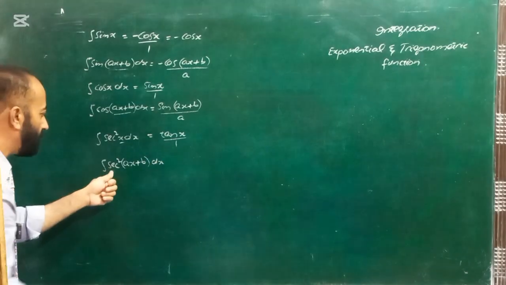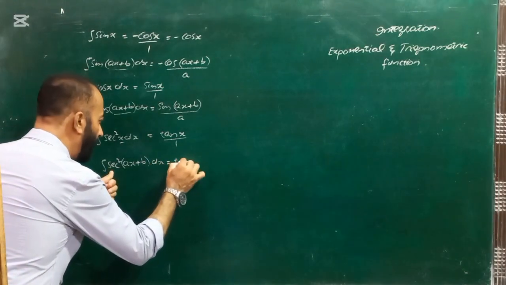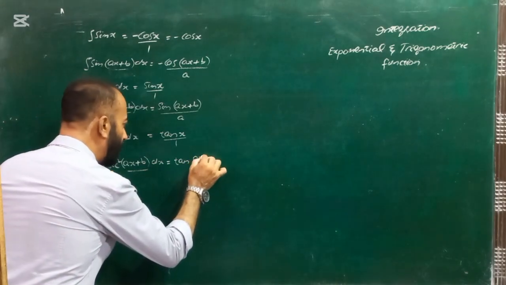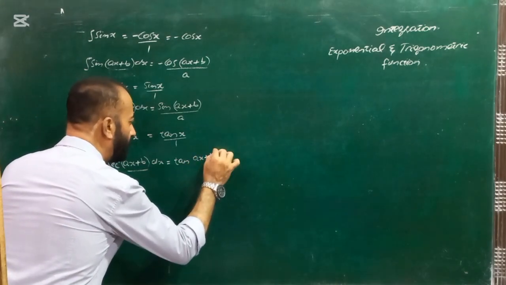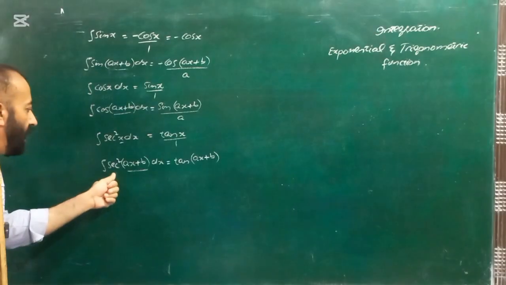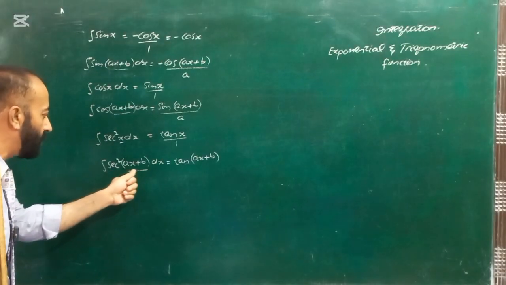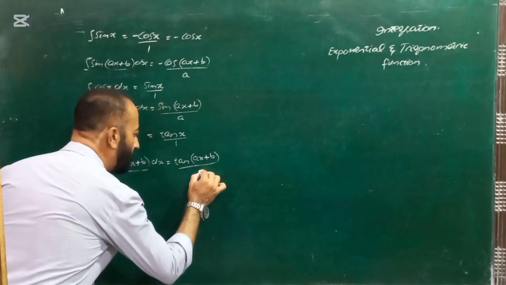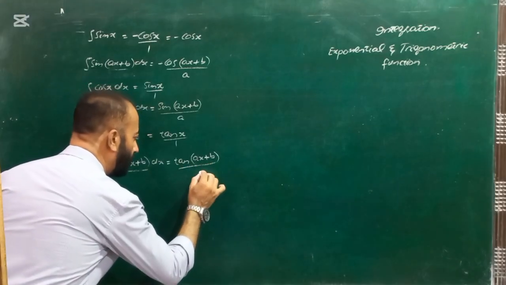Because the integral of secant square is tan, first the angle will be put as it is, that is ax + b. Now we will take the differential of the angle. The differential of the angle will be a. So a will be put in the denominator.